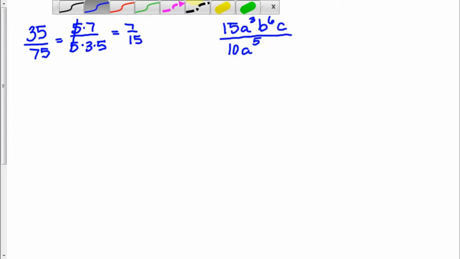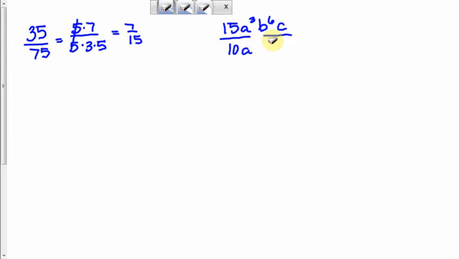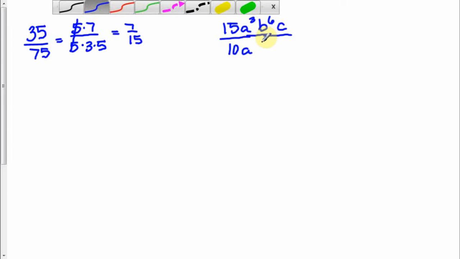Oops, I wrote it wrong. Sorry. It's a, b to the 5th, c to the 5th. Okay? So as you look at this, you're supposed to try to cancel any like factors that they have.